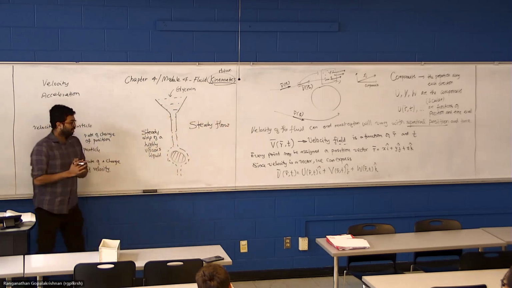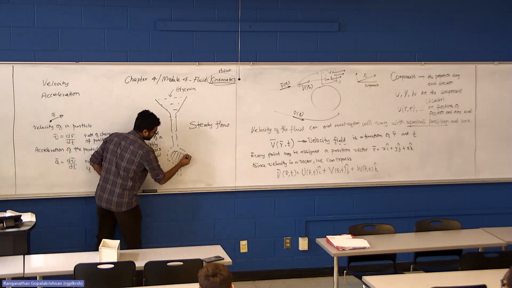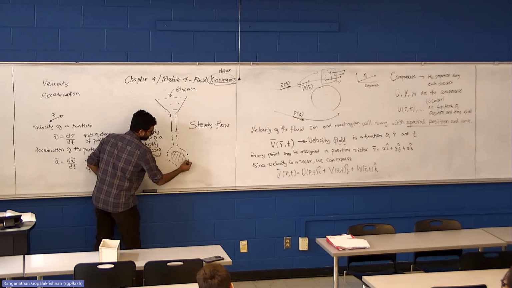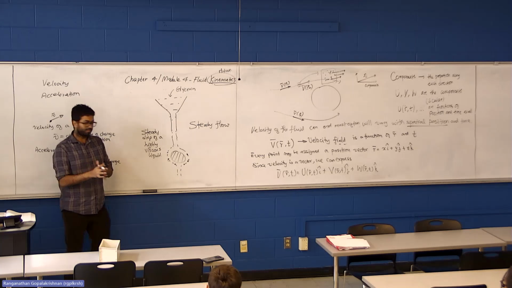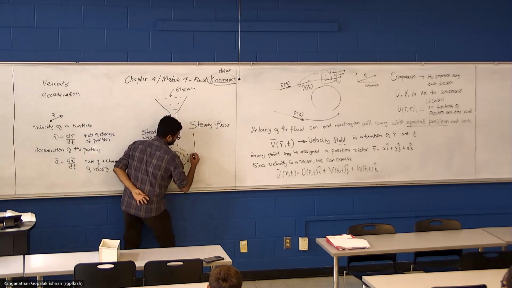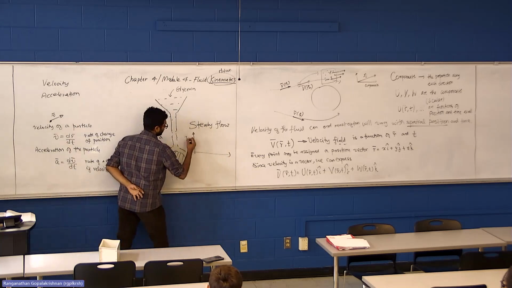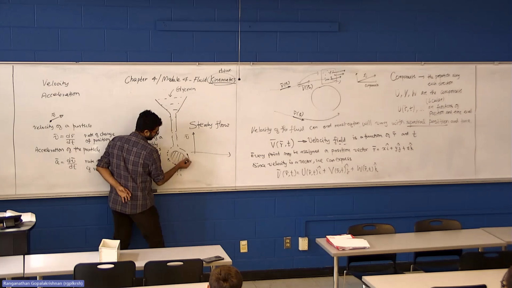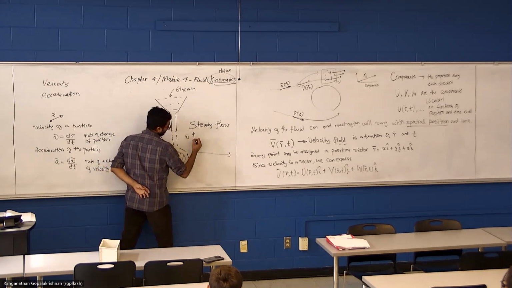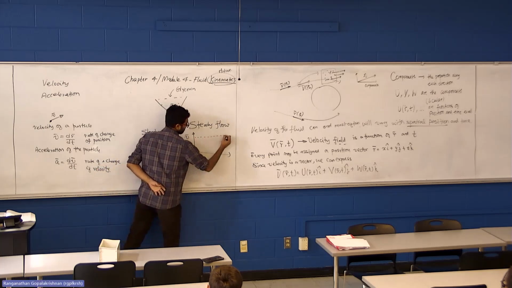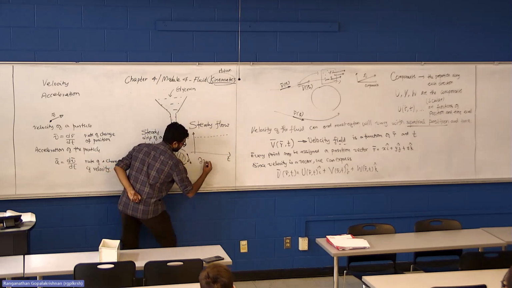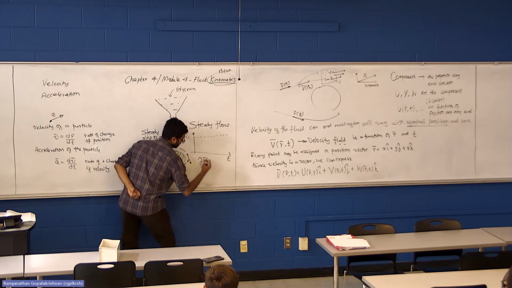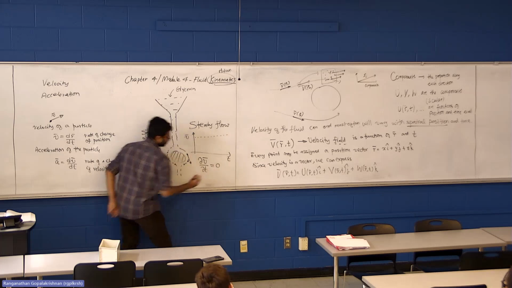If you take any point in this flow field, and if you just try to monitor the velocity at that point, the velocity at any particular point, let's say we take this velocity, it will look steady over time. So if I calculate partial v over partial t, this is equal to 0.